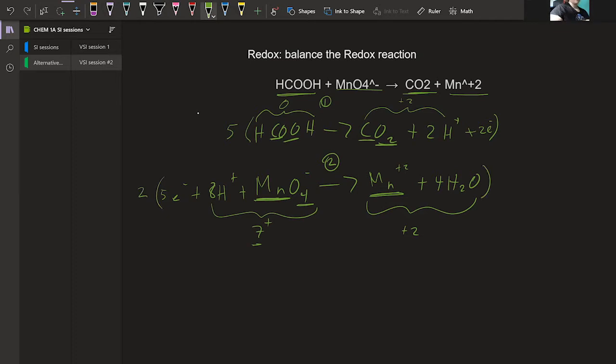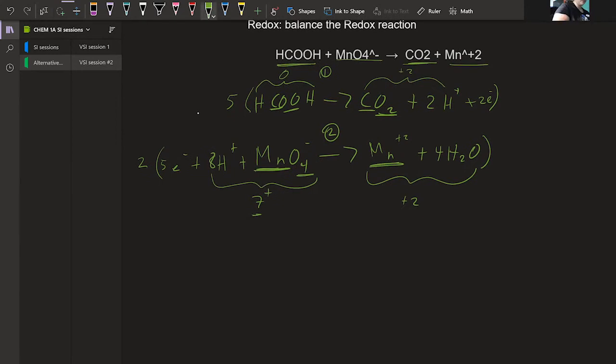So for equation 1, I'm going to continue down here. I get 5HCOOH goes to 5CO2 plus 10H+ plus 10e−.